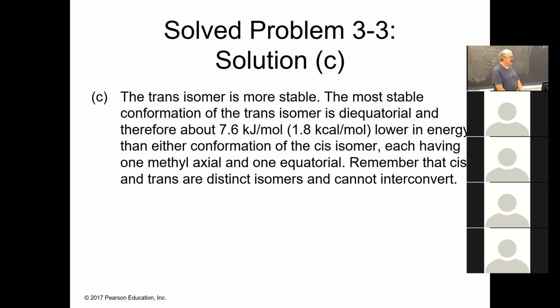And the trans isomer actually is more stable because the most stable conformation is the diequatorial. And this is also the much preferred equilibrium structure. Remember that cis and trans are distinct isomers and they can't interconvert by conformational changes.